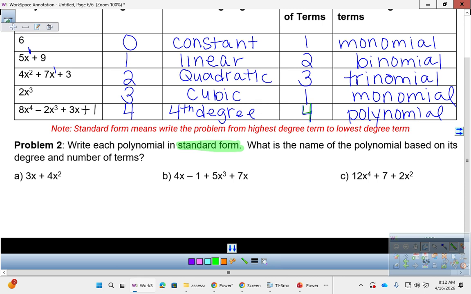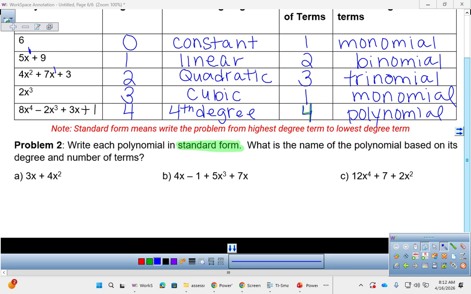Also in standard form, you have to combine anything that's a like term. So if you see two things that have an x in them, and they're just an x, you've got to combine them too. All right, so standard form: descending order, combine like terms. When I look at this first example here, I would not consider 3x and 4x squared to be like terms, because this has a power of 2 and this doesn't.